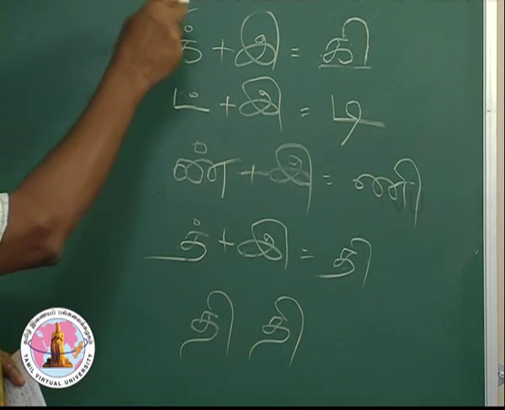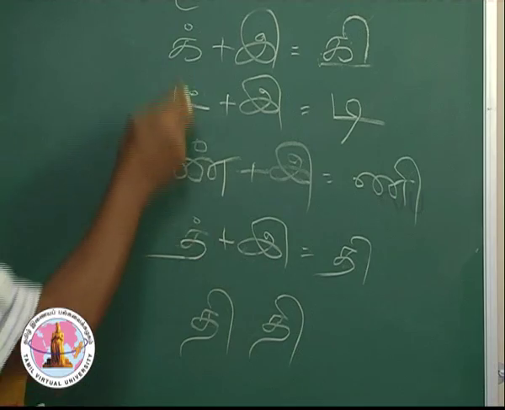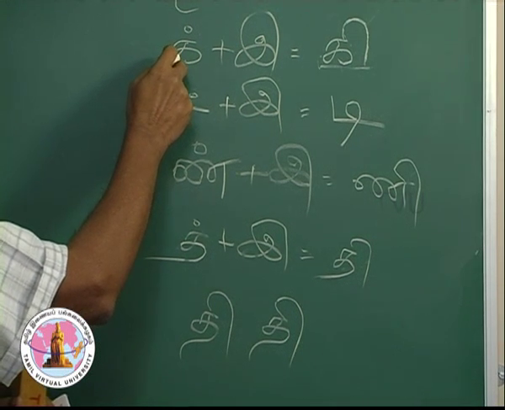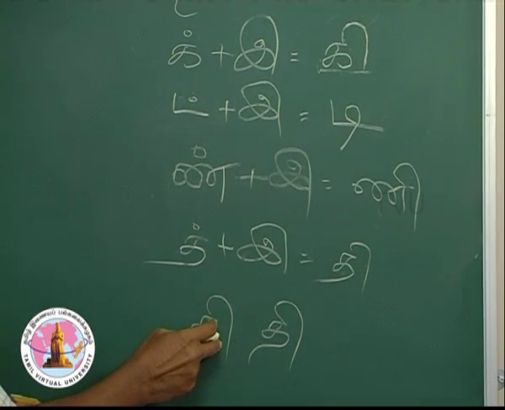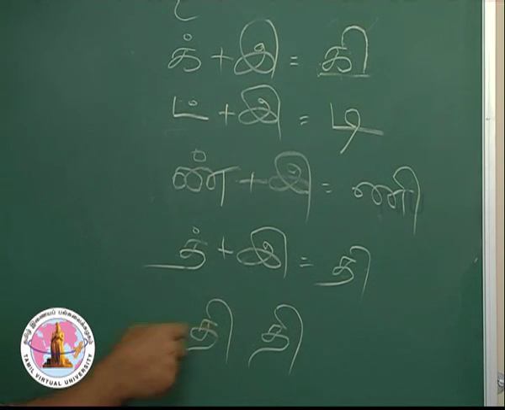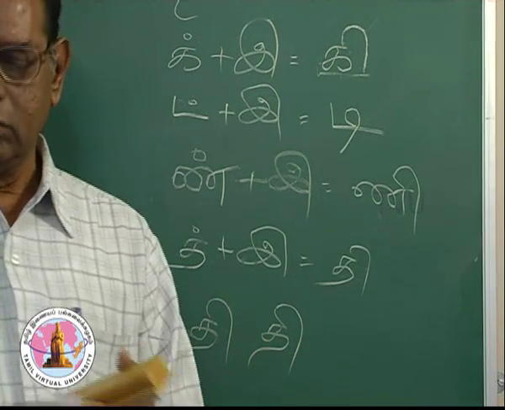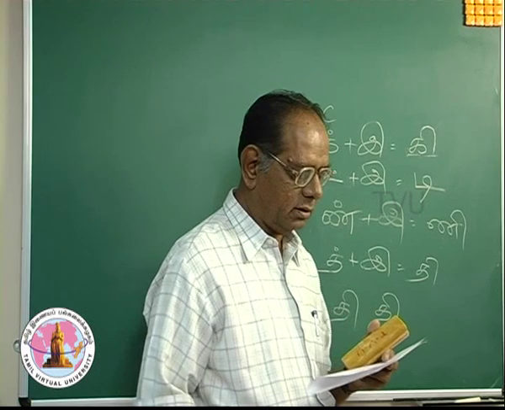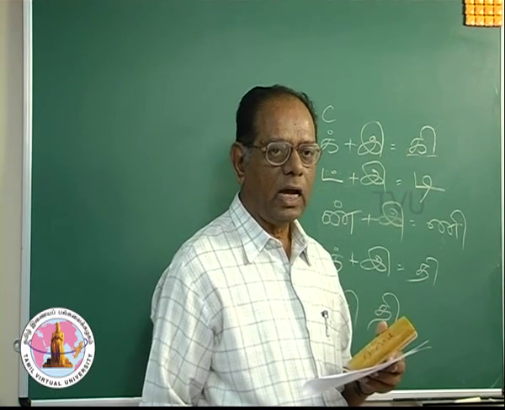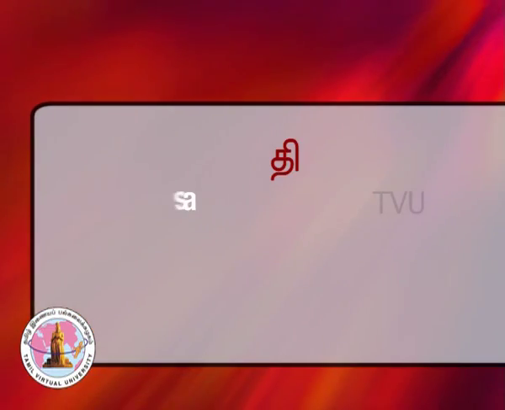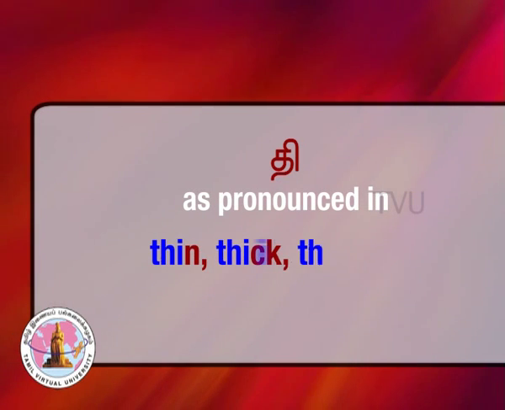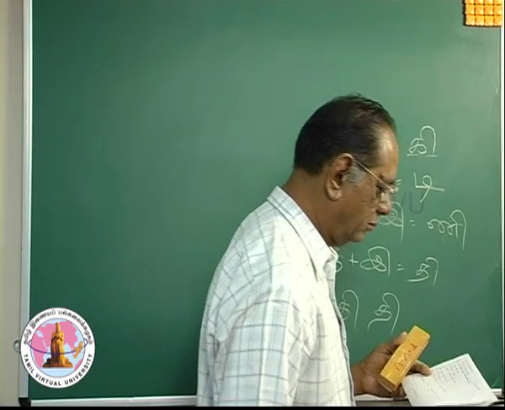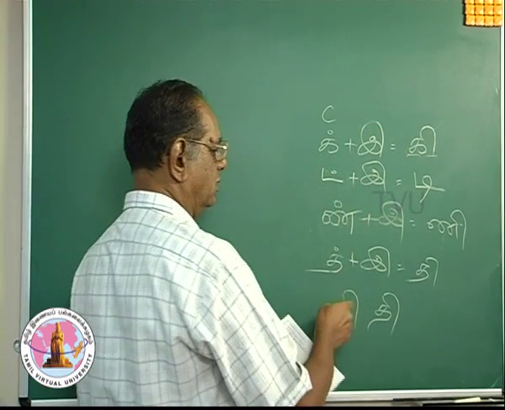What is the difference between this ki and thi? Ka ends abruptly and tha has the wing, the arm extended. So, this is thi, as you have in the English words thin, thick, thing and think.